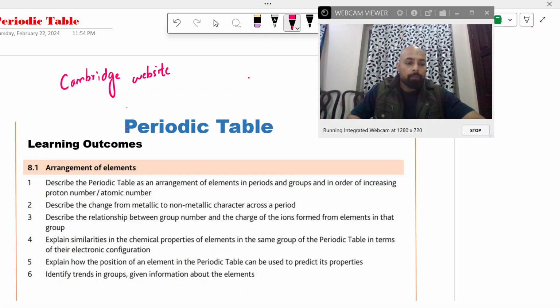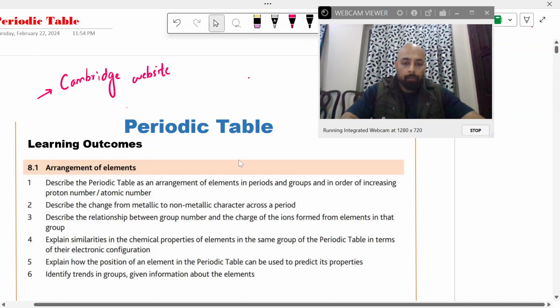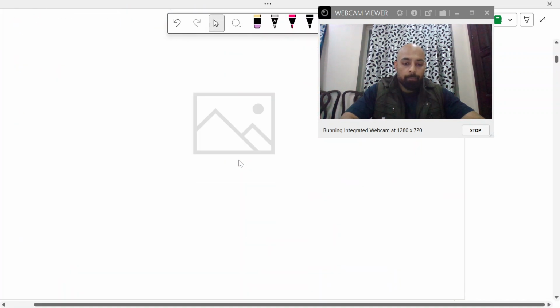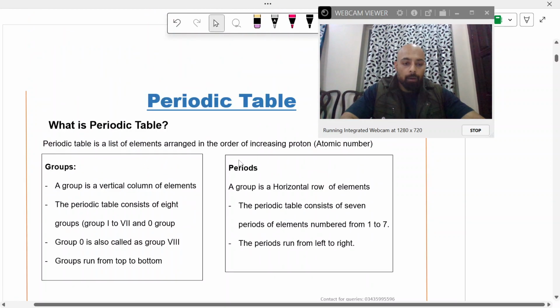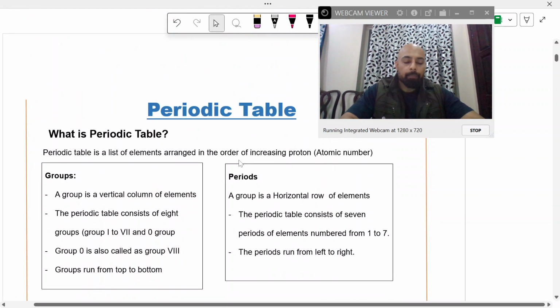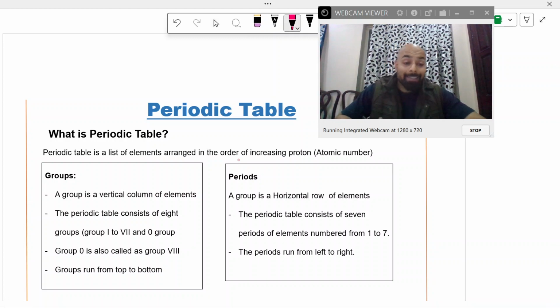All right, so let's begin. What is a periodic table? Let's get into the topic. As you all know, the periodic table contains a total of 118 elements.